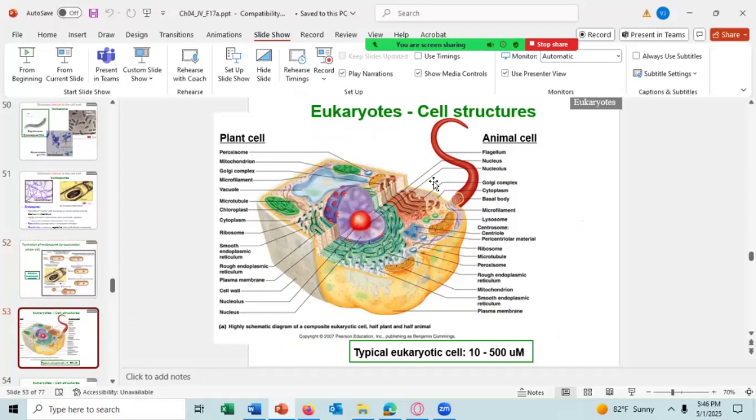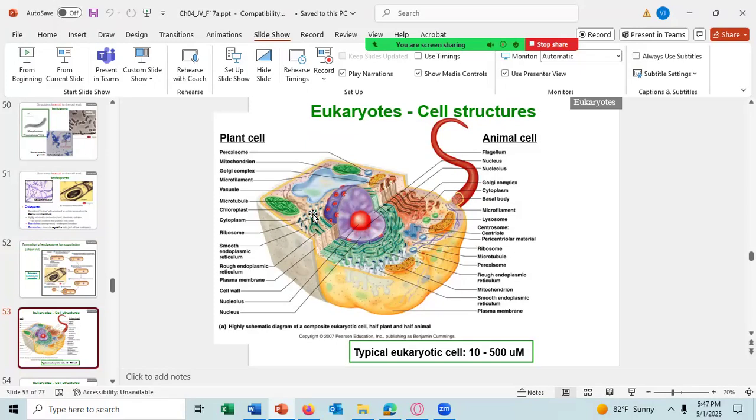An animal cell is shown on the right, a plant cell is shown on the left, and you can see that there are many organelles which are found in both animal cells and plant cells, like the nucleus, the Golgi complex, the mitochondria, peroxisomes.